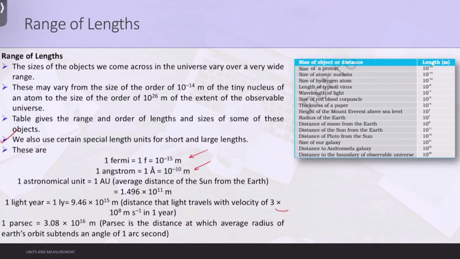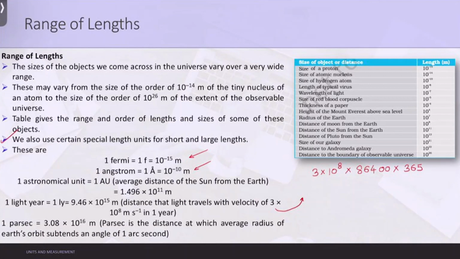Whatever I spoke, I'm just writing it so that it will be much clearer. So this value is calculated as 3 into 10 to the power 8 into 86,400 seconds for 1 day, and because a year contains 365 days, so basically this. When you calculate, you will get the answer as 9.46 into 10 to the power 15 meters.